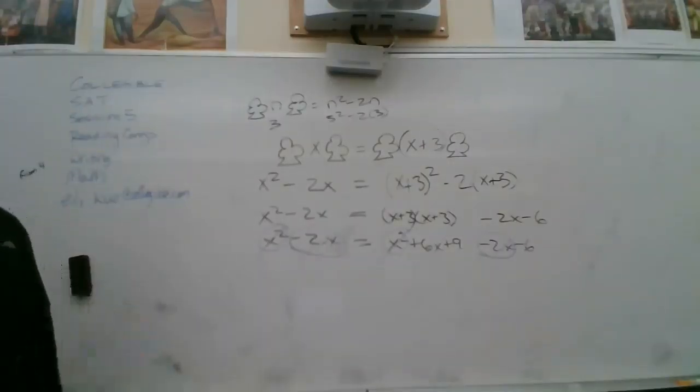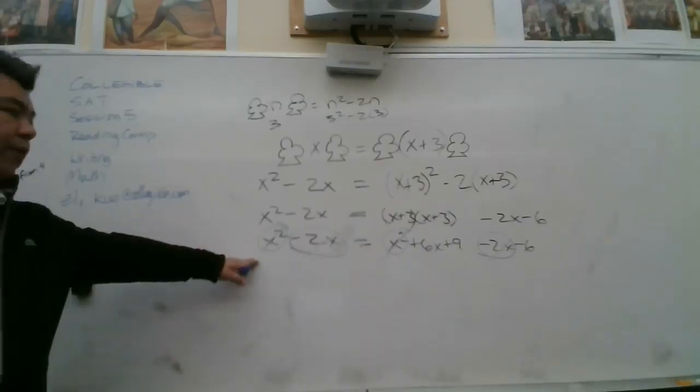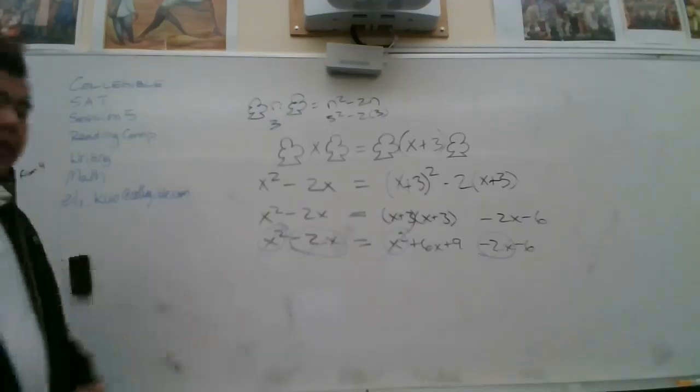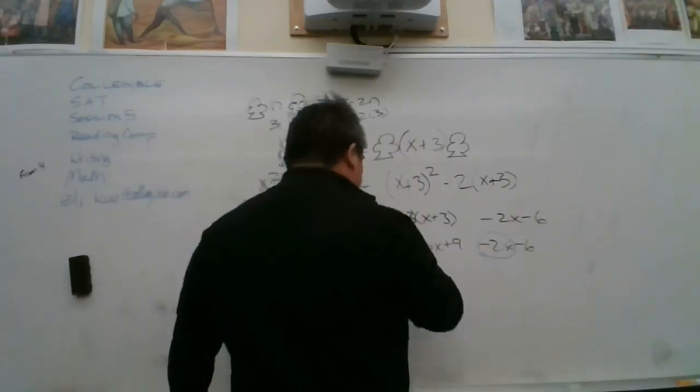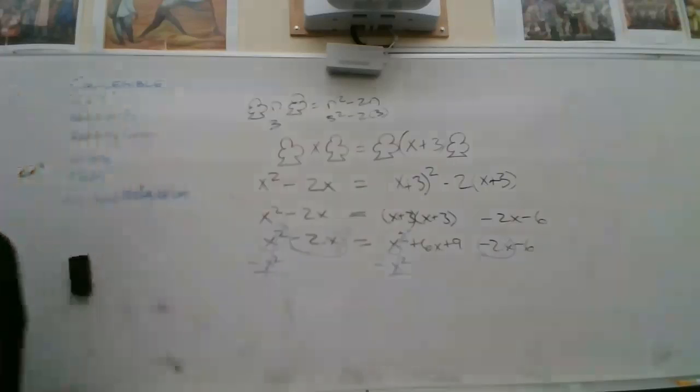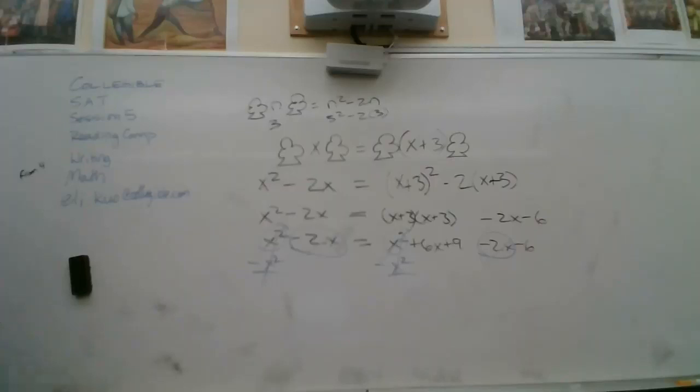So you have to have it as x squared minus 2x. If you subtract x squared on both sides, this is canceled. You see how I did that? I'm just not writing it because it takes so much space.